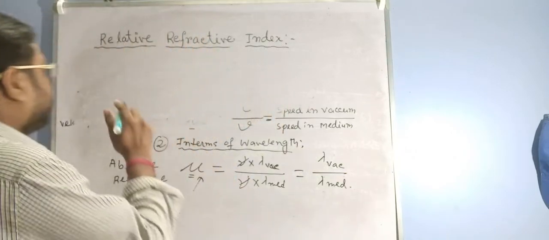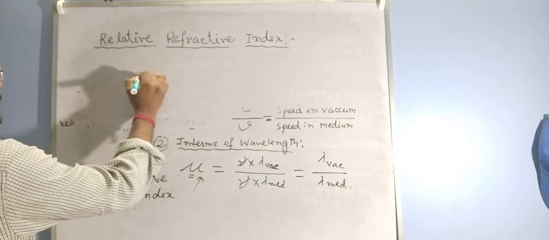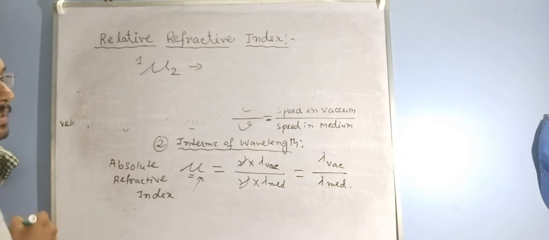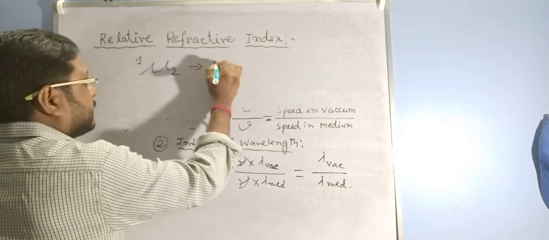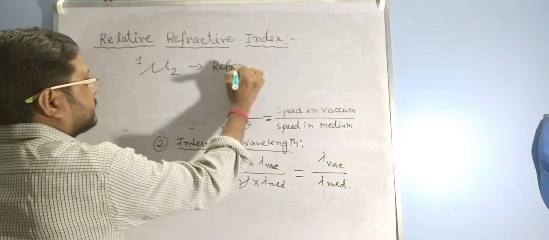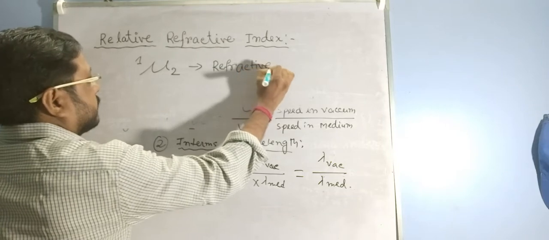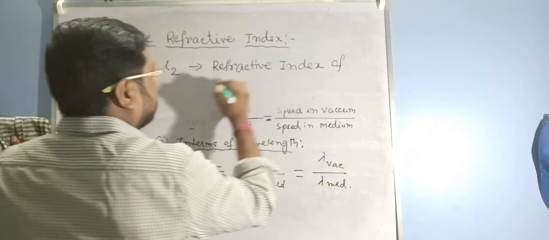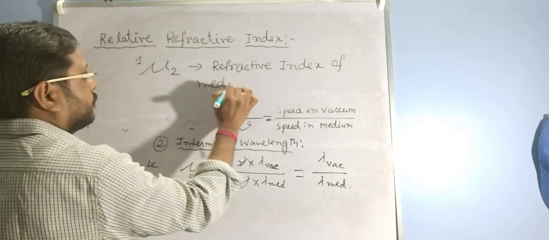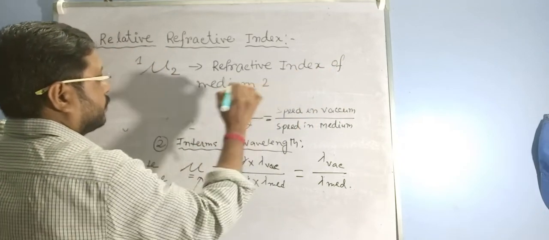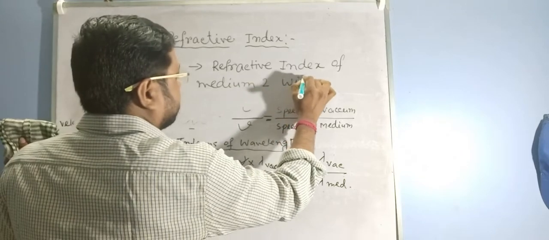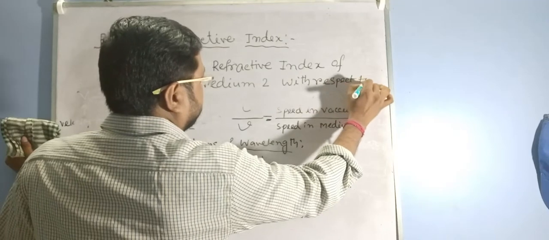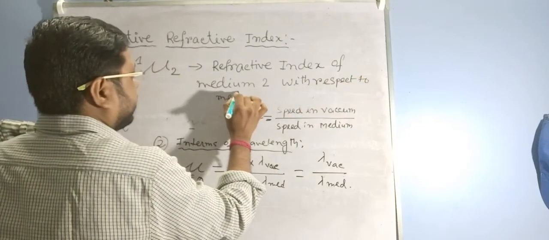So a relative refractive index is written as 1 mu 2. This is refractive index of medium 2 with respect to medium 1.